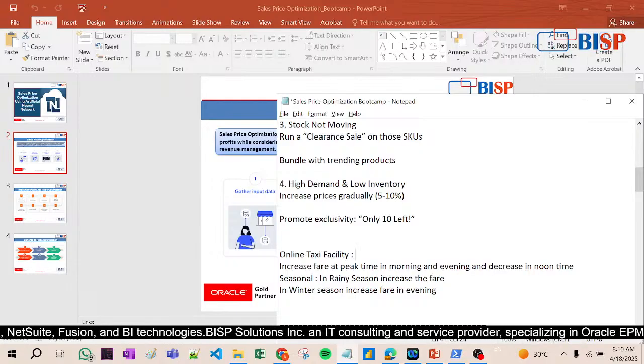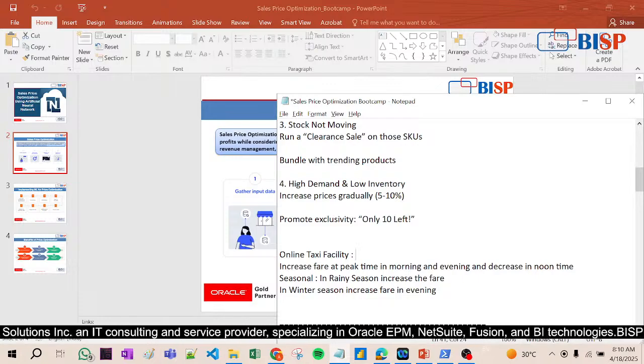In the winter season you can see the taxis increase the fare, because the days are short. After 5 p.m. it becomes dark outside, so most people use taxis. So in the winter season also the fares are a little bit increased.